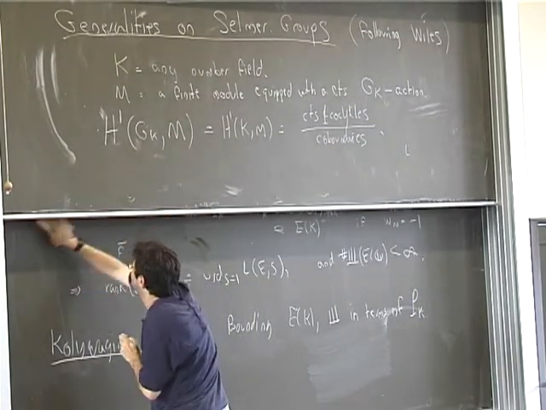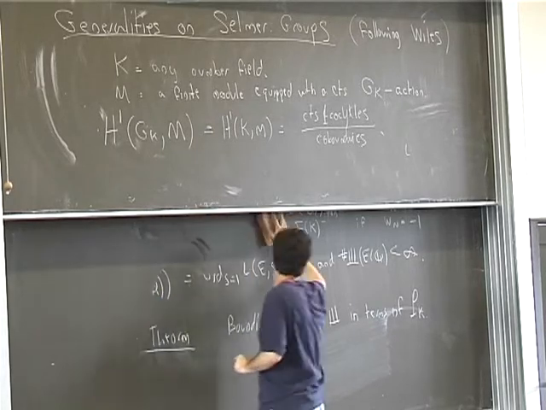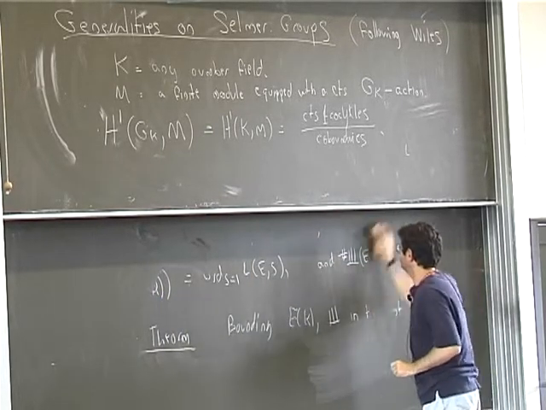So I want to define Selmer groups. What is a Selmer group?